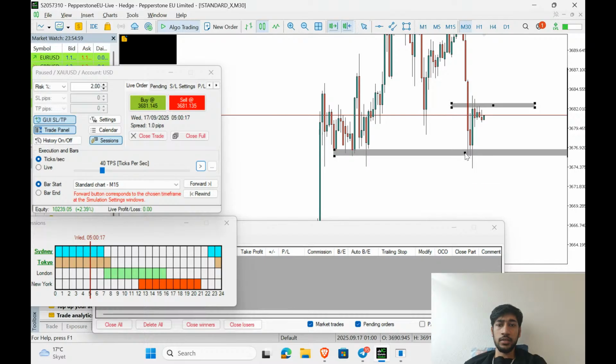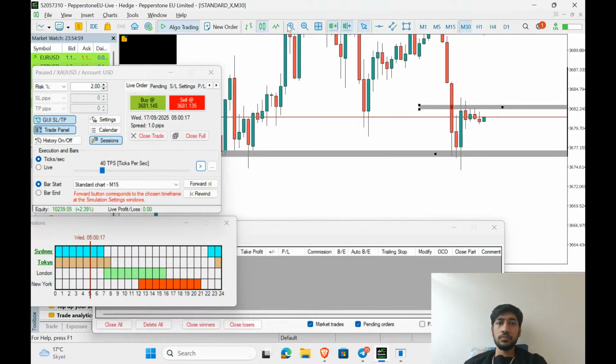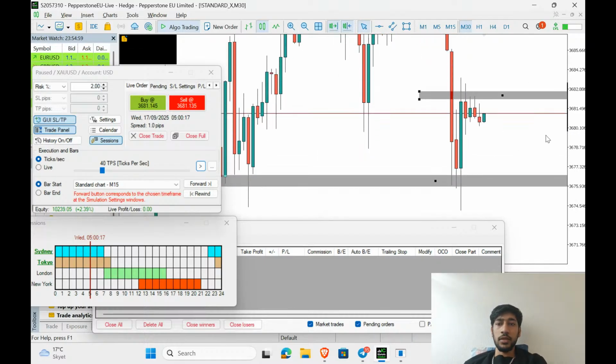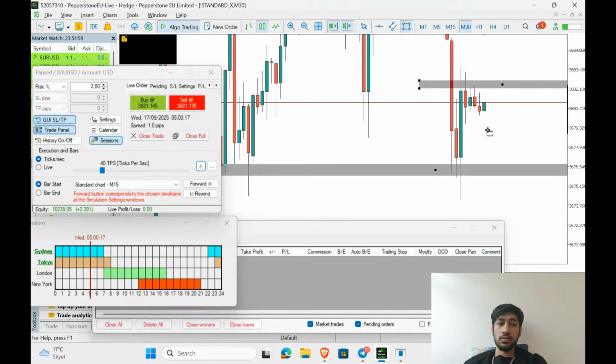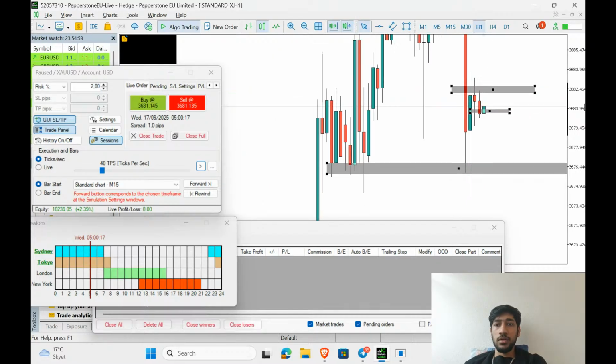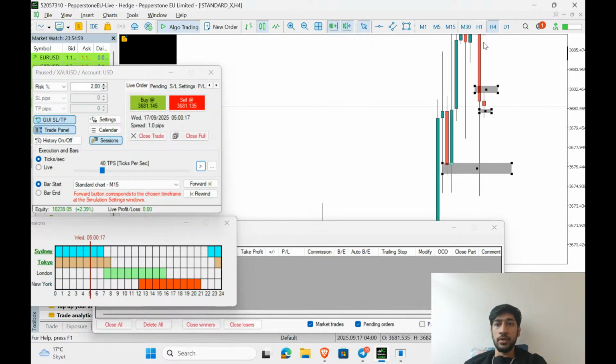What we can see is price just closed below this minor support, and in H1 we have this weak to fill and this range to be filled, and in H4 we have this weak to fill.